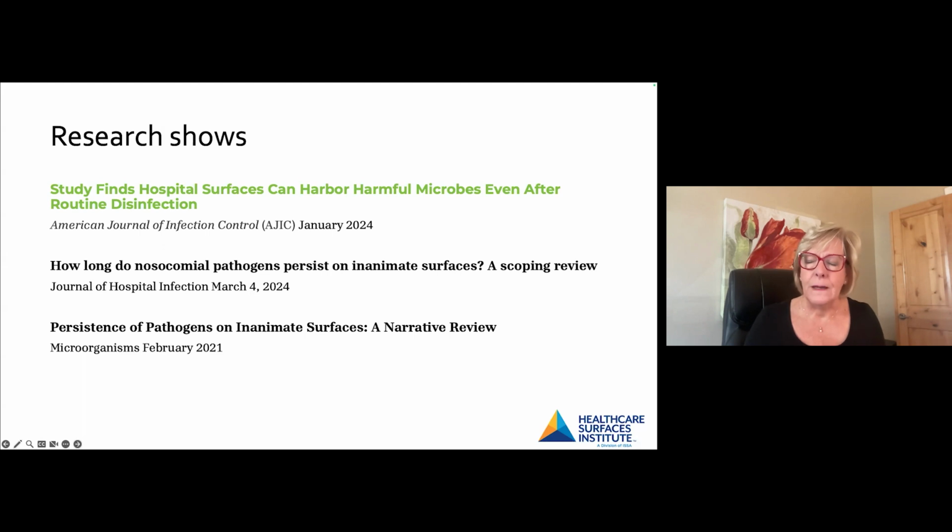Part of the problem is that we are putting surfaces in our healthcare settings that cannot be effectively cleaned and disinfected. We can't clean them all the same. And if we don't pay attention to this, damage occurs and tiny microbial reservoirs become a beautiful, safe harbor for these pathogens that are living on surfaces.